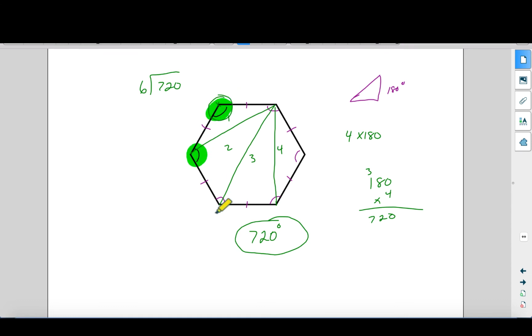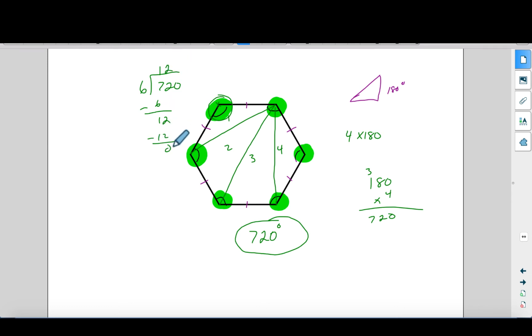There's one, there's one, there's one, there's one, there's one, and there's one. Well, what is that angle? Let's do our little math here and come up with this actual number.